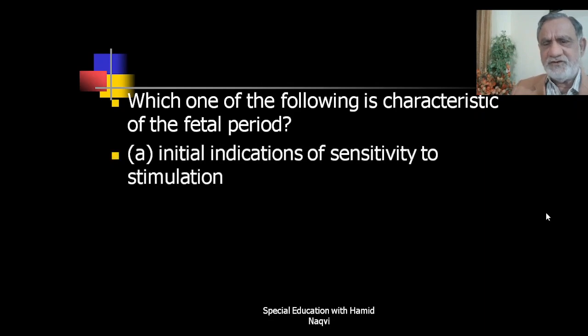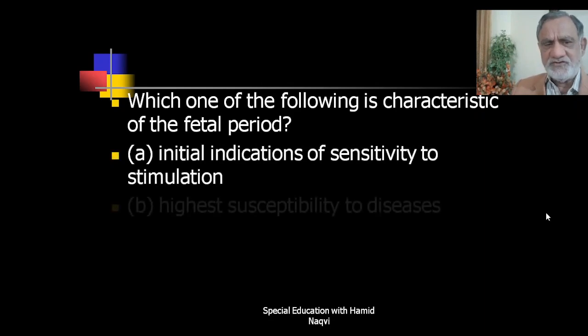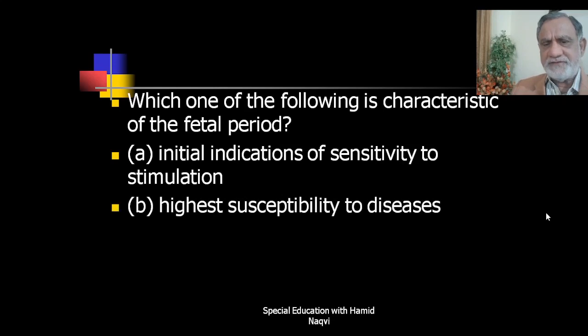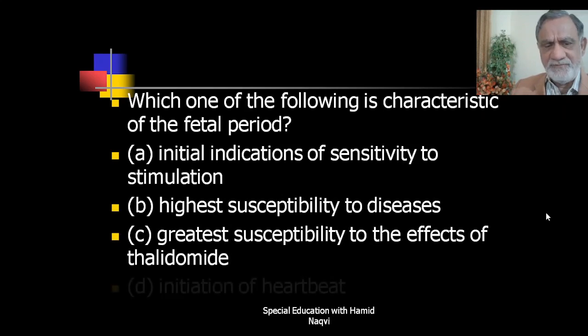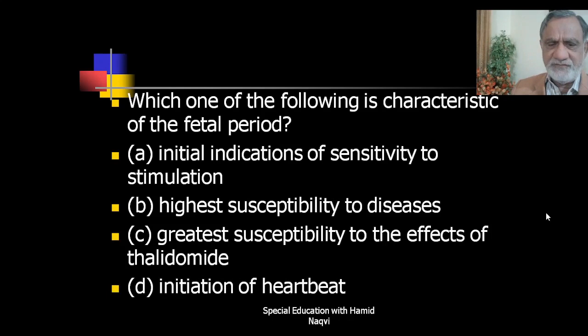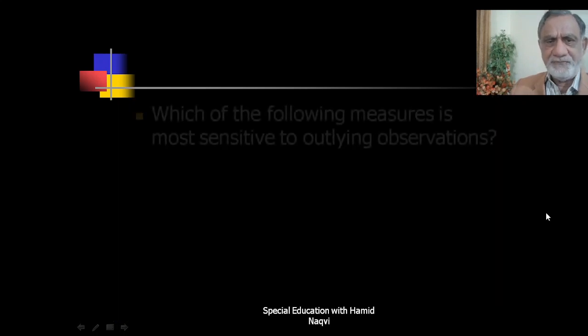Initial indication of sensitivity to stimulation, highest susceptibility to diseases, greater susceptibility to the effects of thalidomide, or initiation of heartbeat. Correct one is the first one, that is initial indication of sensitivity to stimulation.